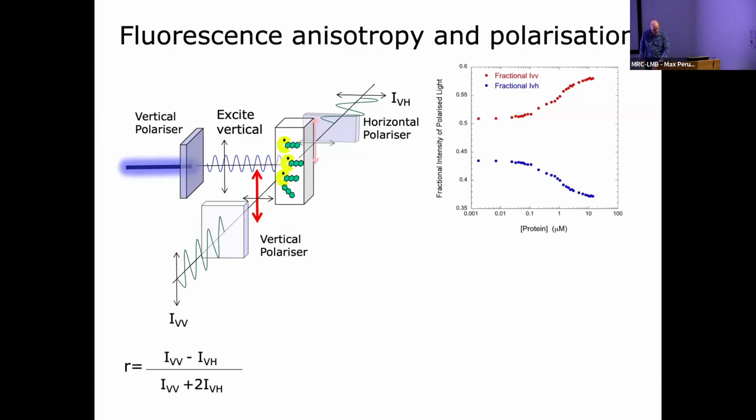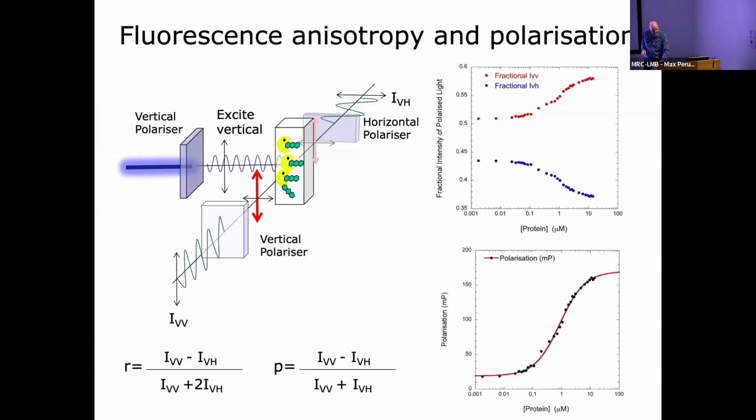So polarization, or more correctly anisotropy, is really just the difference between these two light intensities, vertical and horizontal, over the total amount of light. So it's just a ratio. Also, what you'll see a lot in papers is polarization, which is slightly different.